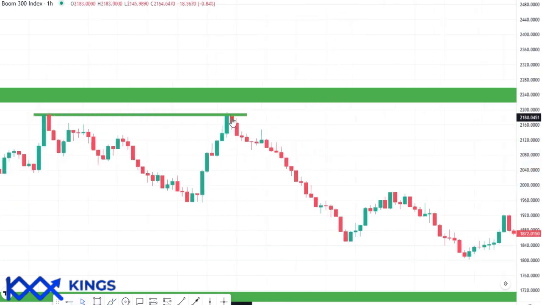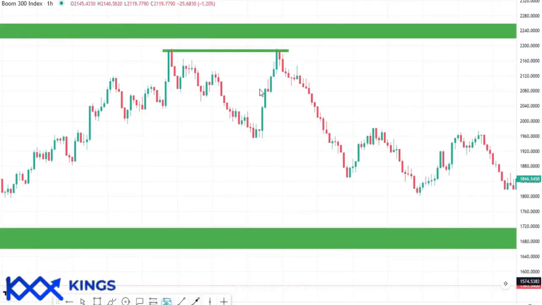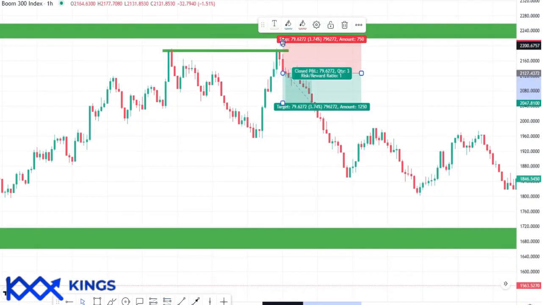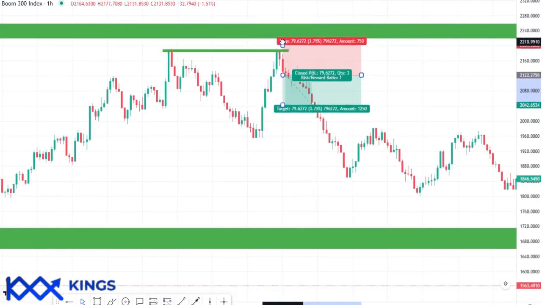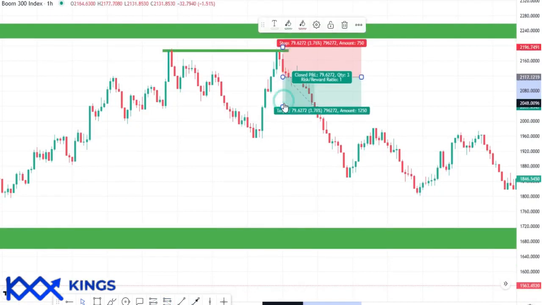So when you discover this evening star, which is when you have the bigger candle, the smaller one, then a big candle, where you have the mother, the father, and the child in the middle, that is the evening star candlestick pattern, or reversal candlestick pattern. Once you have this, this is the point you make your entry. After the close of that bearish engulfing right there, you make your entry, then the price pushes to the downside.